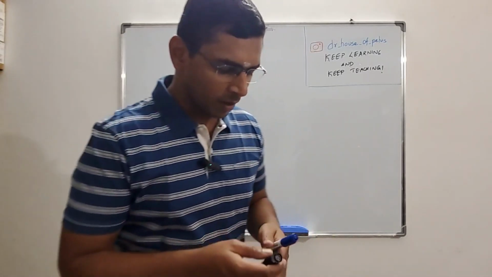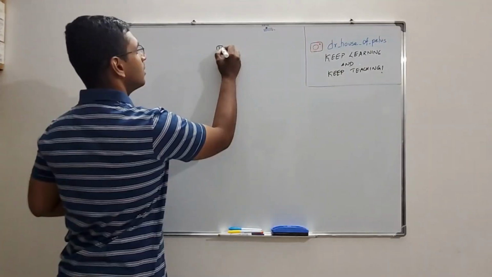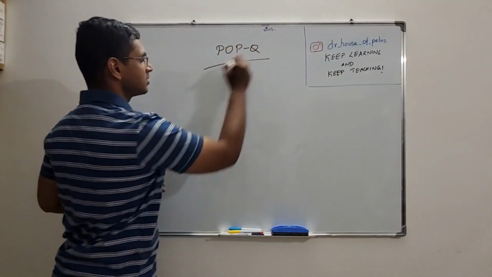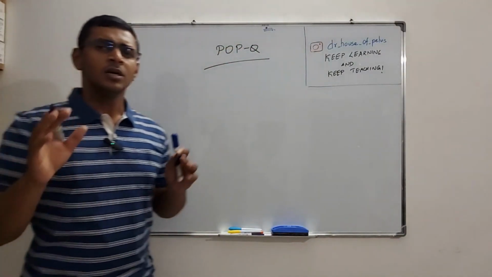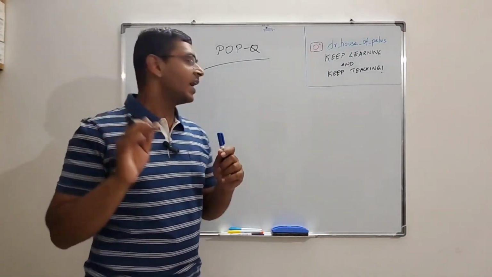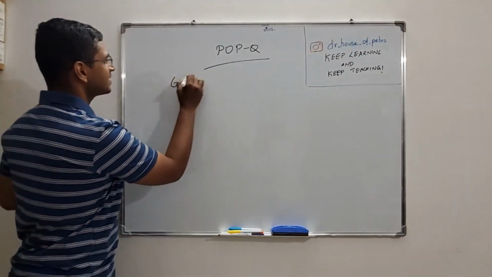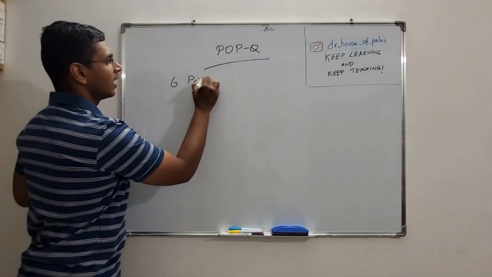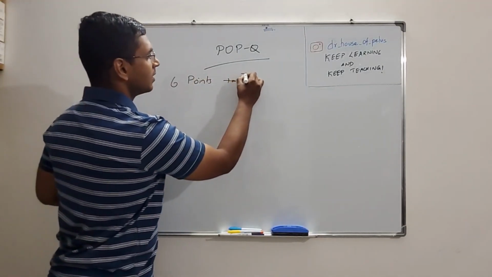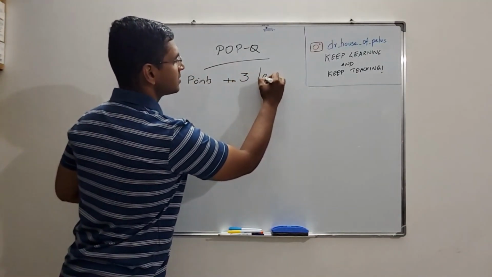Let us get into the pelvic organ prolapse quantification score. To understand it simply, we have a total of 6 points and 3 lengths.